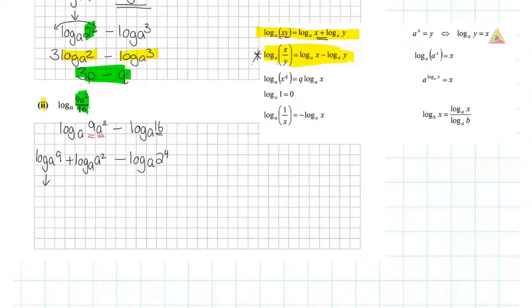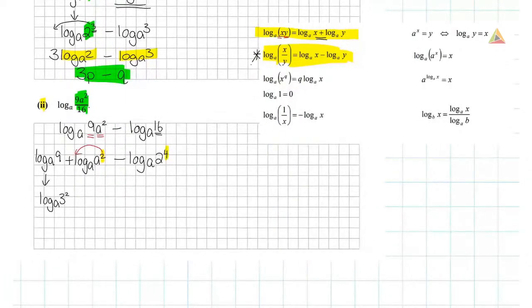Log to the base a of 9, you've probably guessed it. We're going to change 9 into just 3 squared. And every time I see a little power here, I'm going to do the same over here. All we're doing is moving it down in front of the log. So that's going to become plus, the 2 comes down in front, log to the base a of a, minus, the 4 comes down in front, log to the base a of 2.